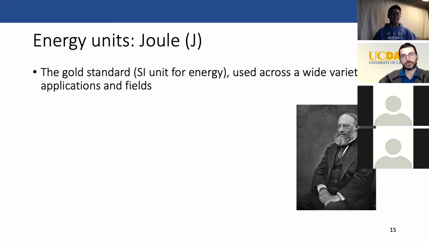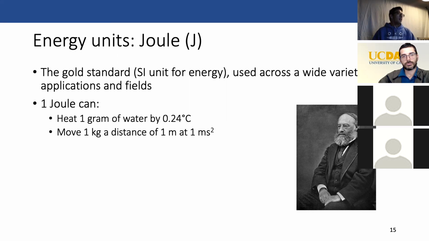Hopefully everyone has seen this before. The definition of 1 joule is that it's able to heat 1 gram of water by about 1/4 degree Celsius, or it can move 1 kilogram, 1 meter at 1 meter per second squared acceleration.